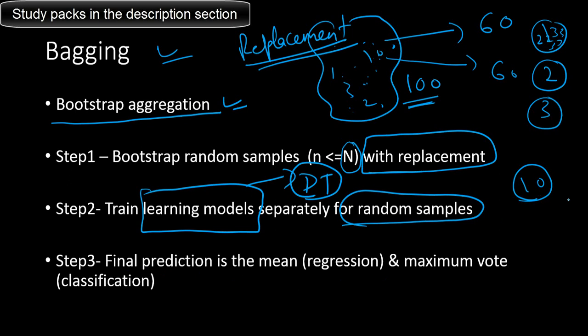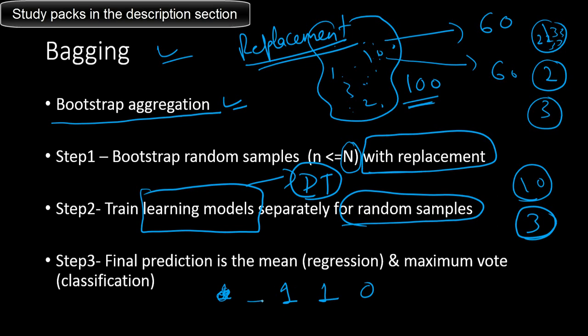Let's say for instance you took 3 bootstrap samples, and this is a classification problem. The first model predicted that observation 1 is 1. The second model predicted it to be 1. The third model predicted it to be 0.